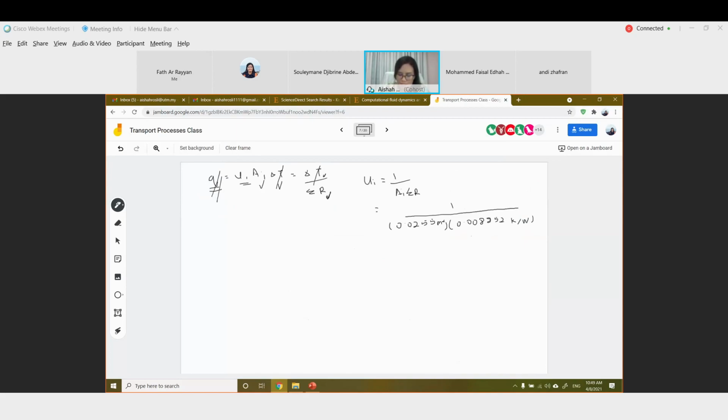You can calculate this and get 4,586 watts per meter squared K. So this one is also settled. So we have the third part. What did the third part want just now?